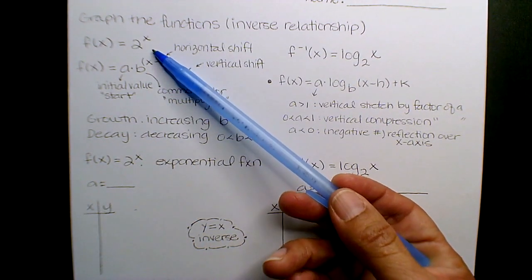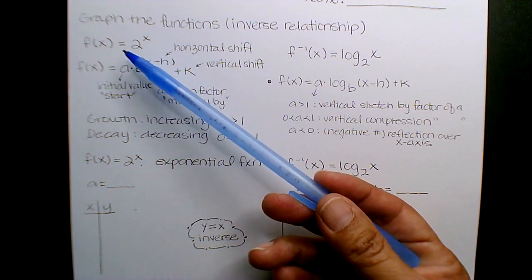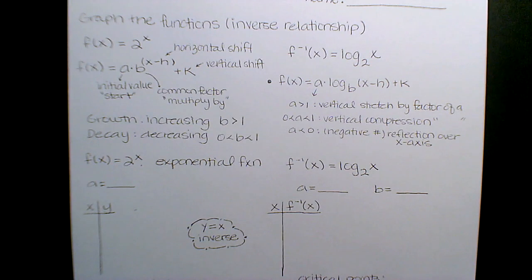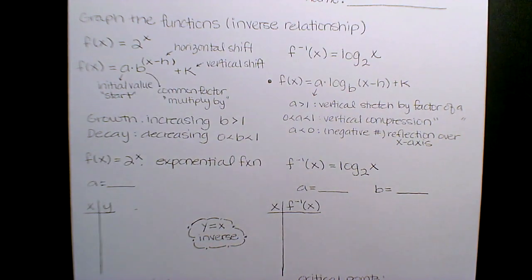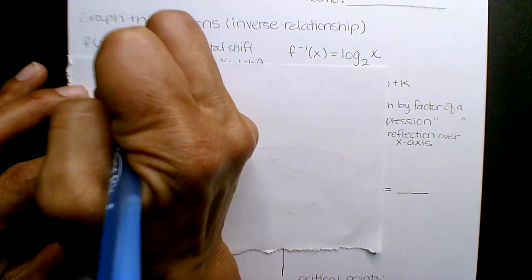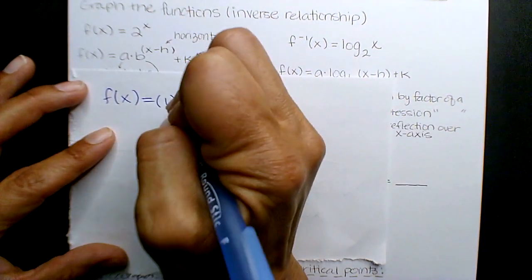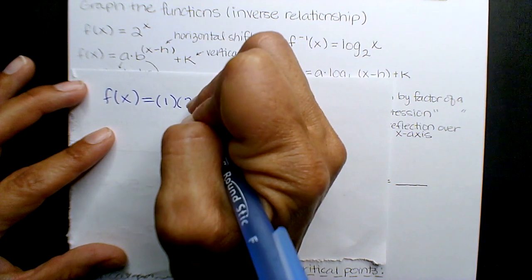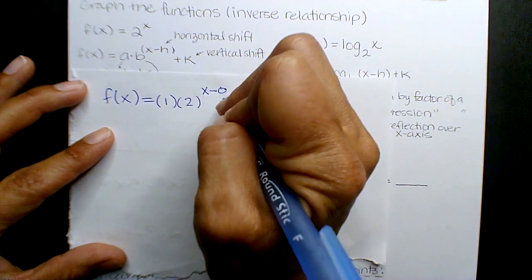Right now, you have a super basic exponential function, f of x is equal to 2^x. If I wanted to be really extra and put everything, you would have f of x equal to a times b to the (x minus h) plus k, with x minus 0 plus 0.